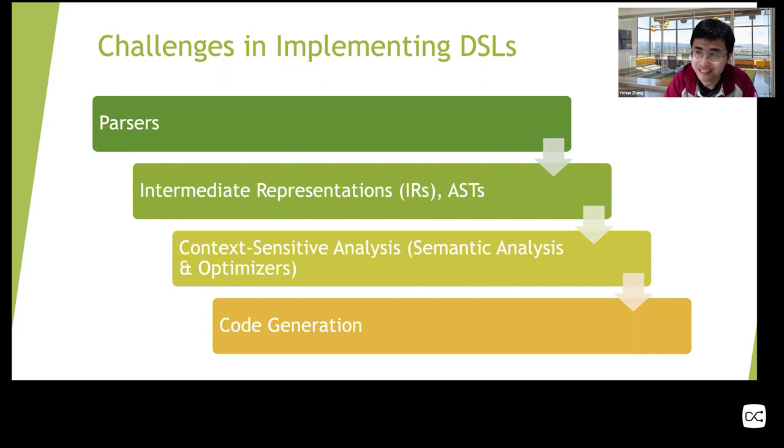Basically, it takes the IR form, like the AST, and walks around the AST to gather information and do validations like type checking and other semantic analysis. Optimizers also remove dead code, find conflicting or obvious semantic errors, and do some preparation for the final code generation phase.